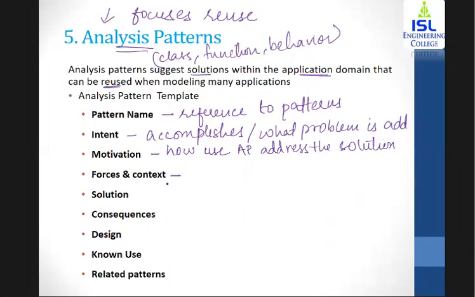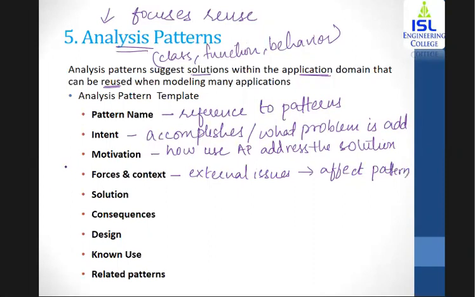Next one is forces and context. Within here, you're going to have a description of all the external issues, the different constraints, and how these external issues are going to affect the pattern that you're going to use.